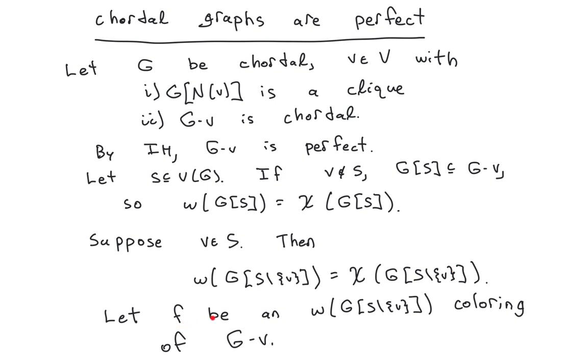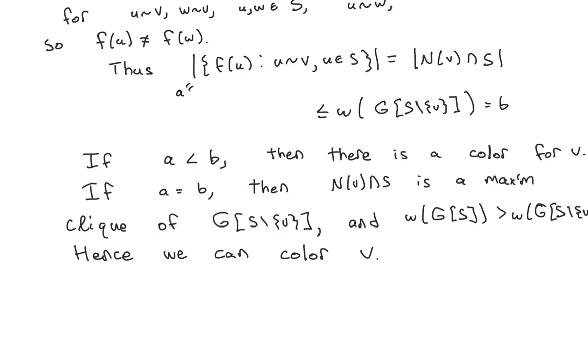So let's let f be a coloring with the right number of colors of the induced subgraph on S take away V. All we need to do is show that we can extend the coloring to the vertex V, and then we have a coloring of the induced subgraph on S.